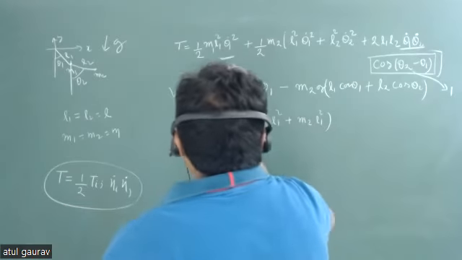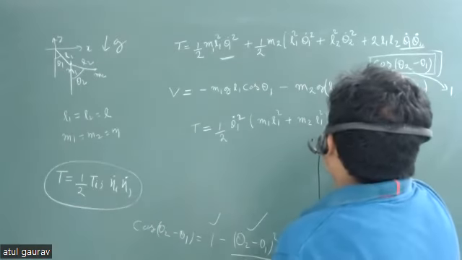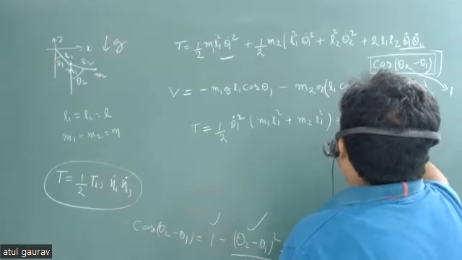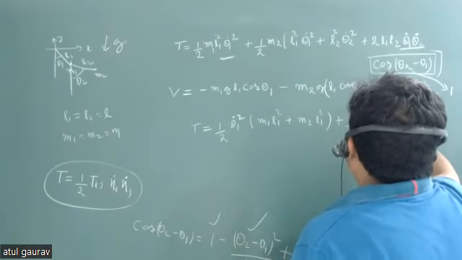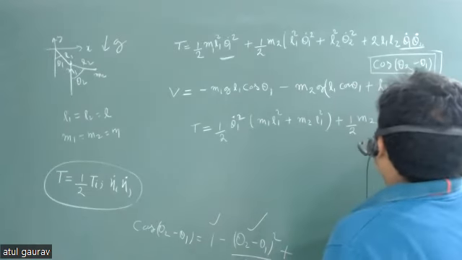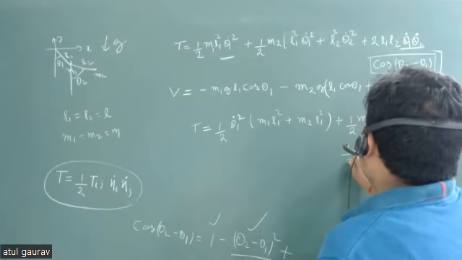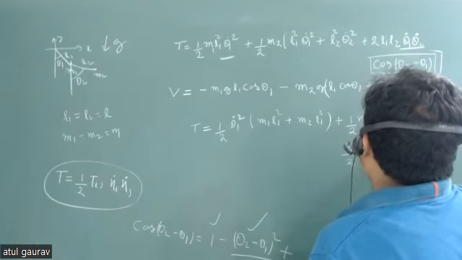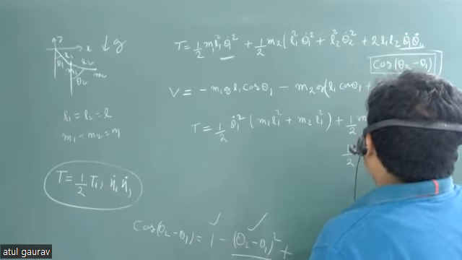So this is the first thing, plus half m2 L2 square θ2 dot square plus half 2 times L1 L2 θ1 dot θ2 dot.